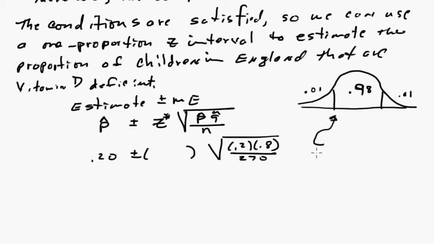So z star is equal to inverse norm of 0.01. And you find that by going to second distribution and going down to number 3, select it, 0.01, and you get 2.326.